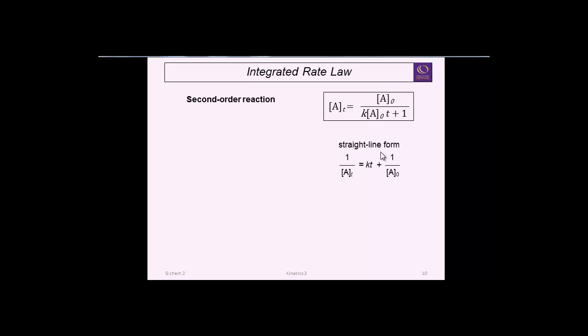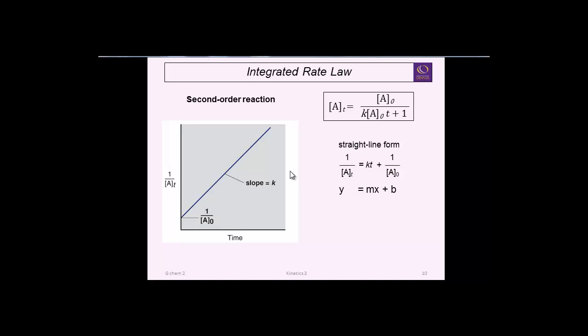But once you do this and collect terms, you're going to end up with this expression, which once again, there's your y, there's your m, x plus, and here's b. When you graph that, now the slope is not a minus k, but it directly is k. The y-intercept, once again, is not A0, but 1 over A0. And what you graph is basically 1 over concentration versus time.